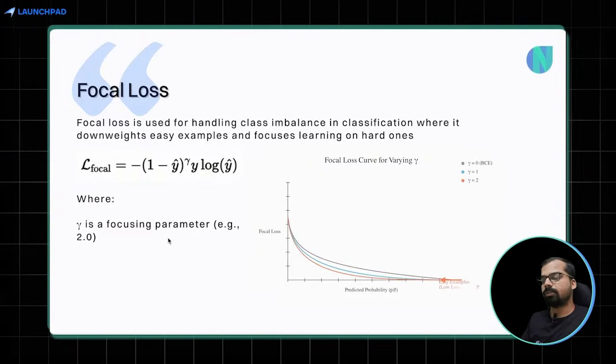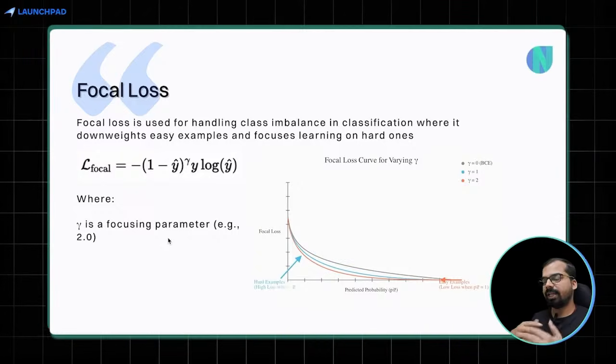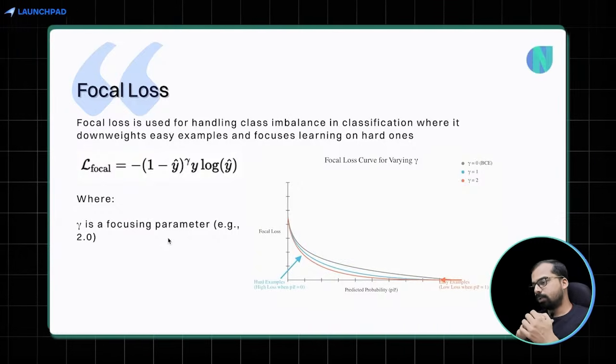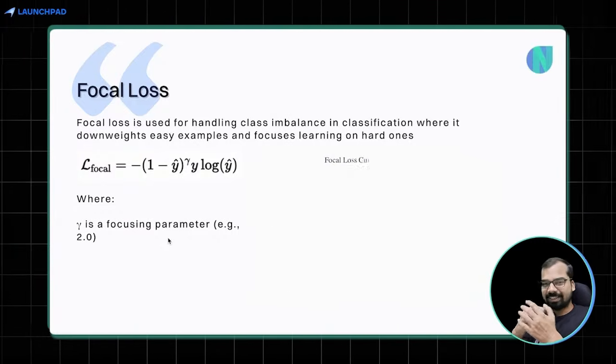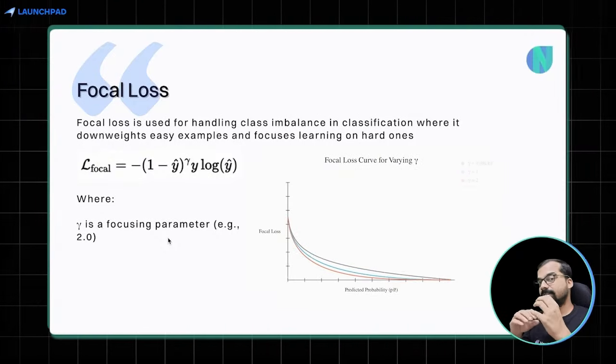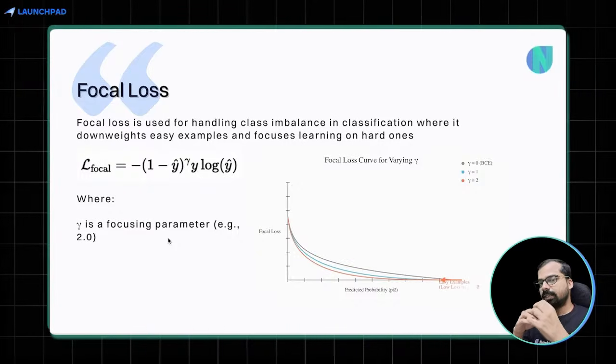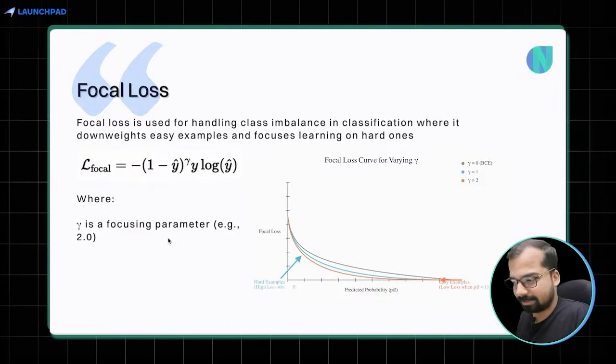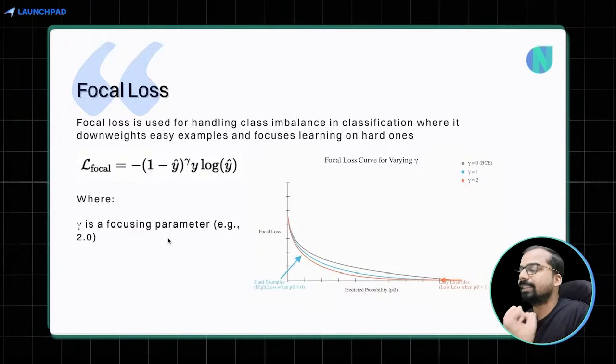Gamma is known as the focusing parameter. It gives more focus to cases where we are making a lot more mistakes or where the number of examples is less.